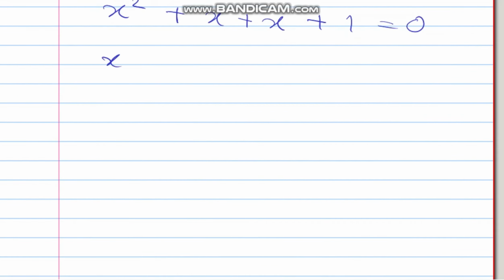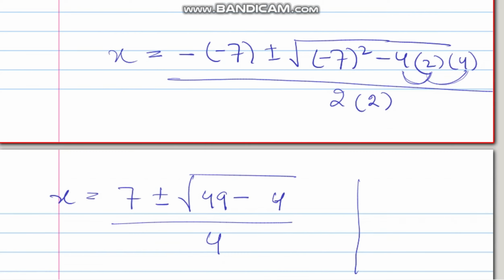Sorry students, we made a mistake in this question. 4 multiplied by 2 is 8, and 8 multiplied by 4 is 32, not 64.